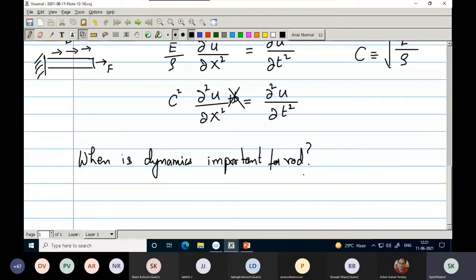Of course, we can give a qualitative answer. Whenever we have impact, that's one answer. Another answer can be whenever things are moving very fast. That is one more answer. Another answer can be whenever some explosion happens.